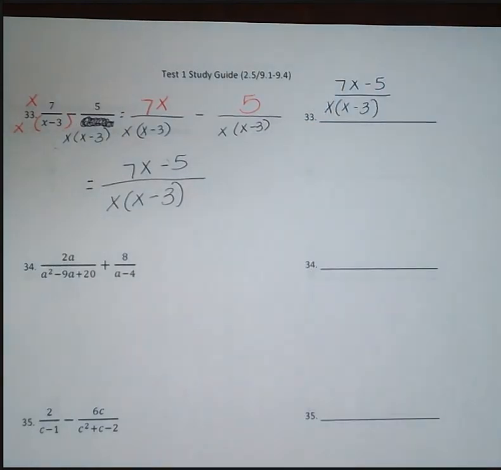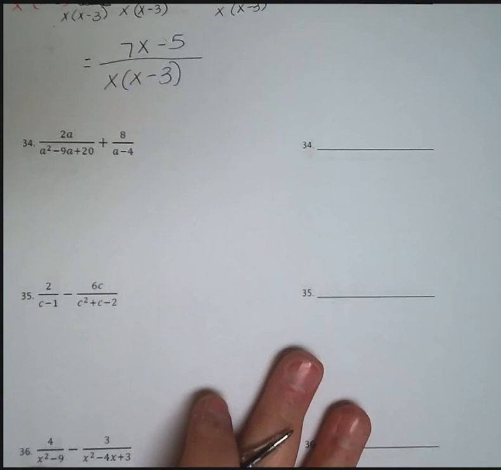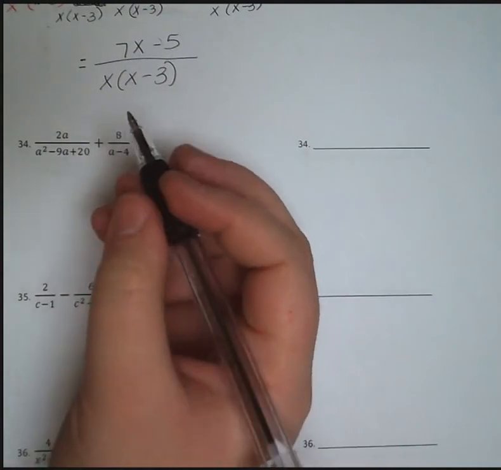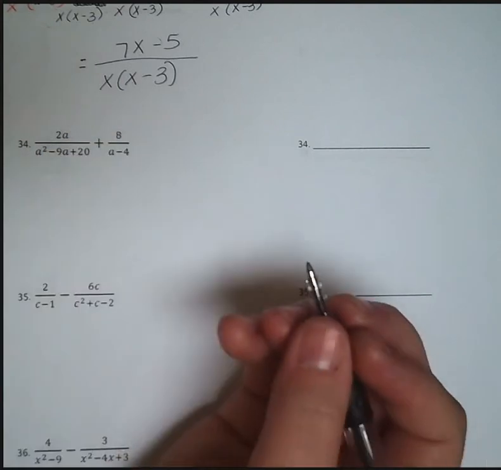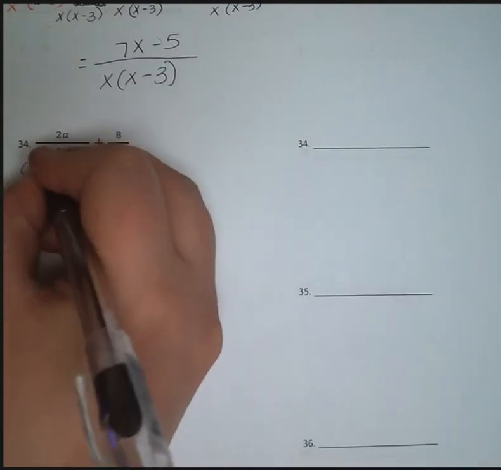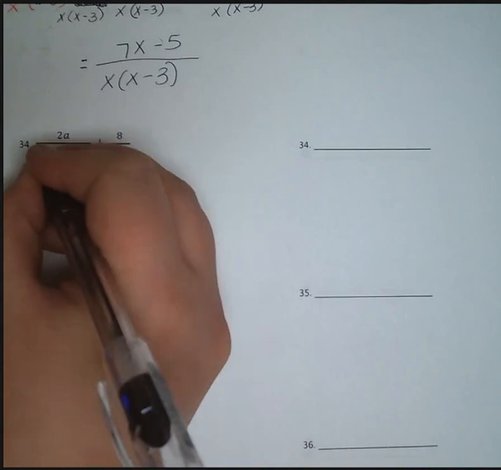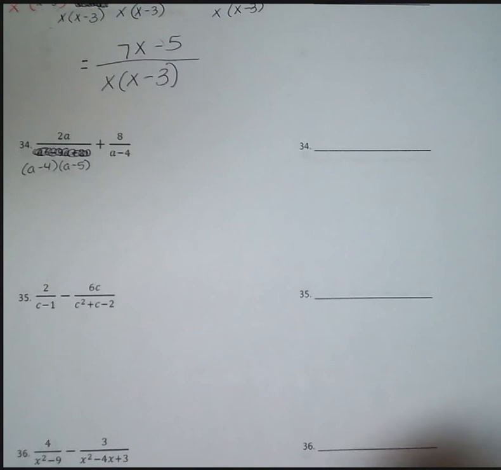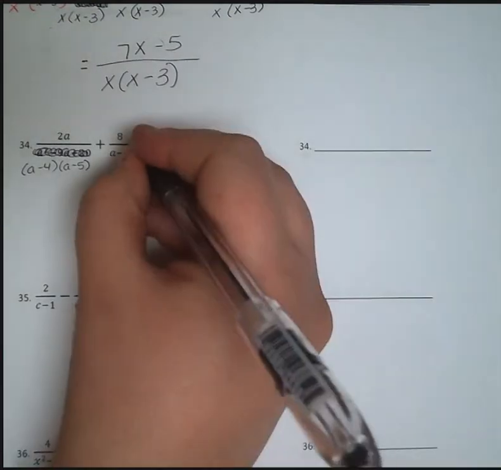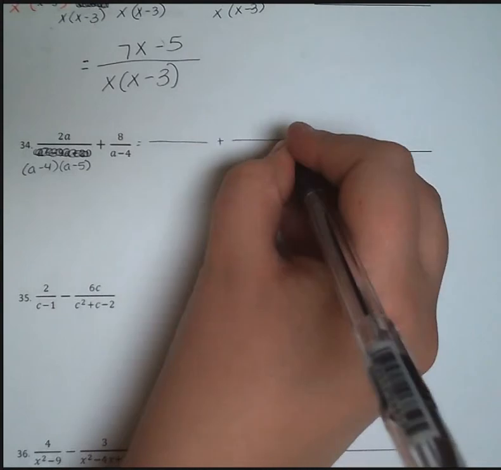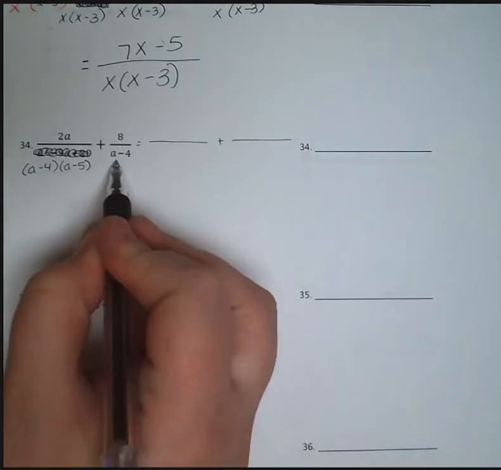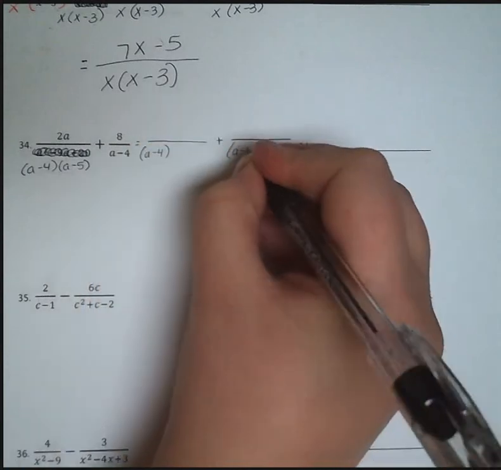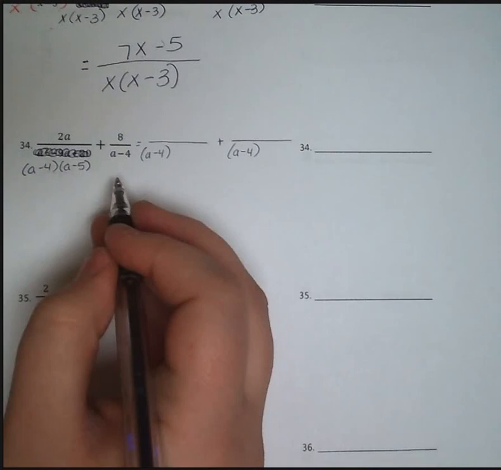Okay? For number 34, we're going to factor what we can in our denominators. So this denominator is going to factor out to be a minus 4, a minus 5. So our common denominator is going to include an a minus 4, and it also has to incorporate that a minus 5.